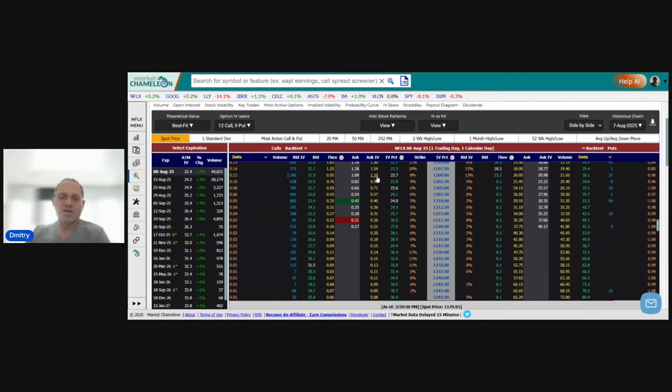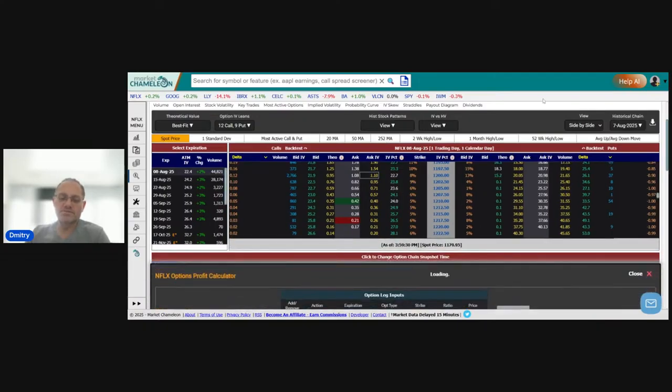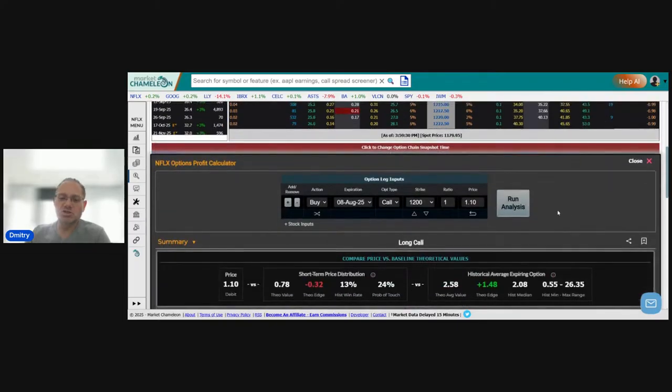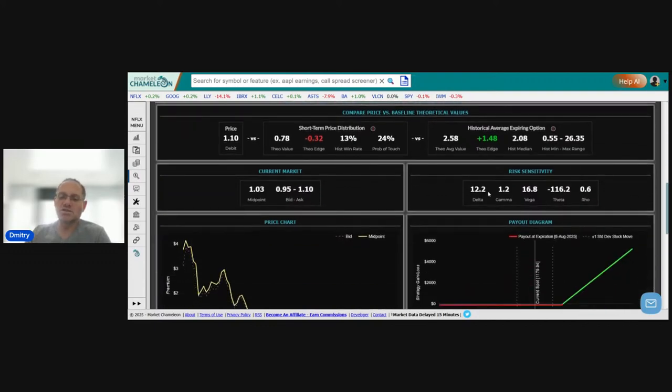If we have a position on, buying the August 8th 1,200 call for $1.10, and we see the delta of it, well, this position is going to make or lose $12 up or down, because it's an option times 100.